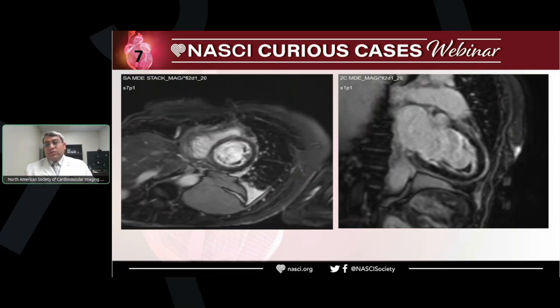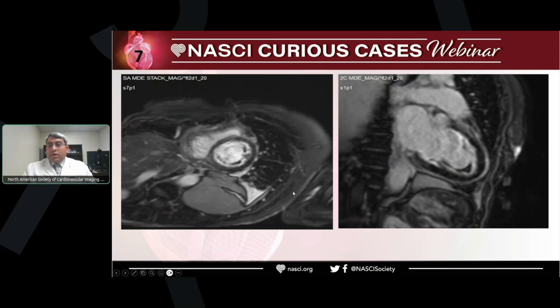What other abnormalities do you see in these images? So this is an LGE image. Yes, there is also a left pleural effusion, but of course you're asking me about the heart. Is there some enhancement in the pericardium again?